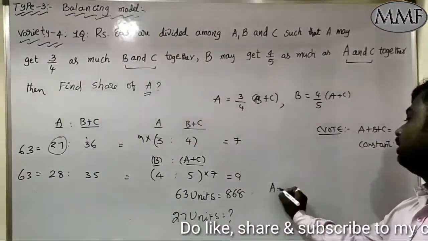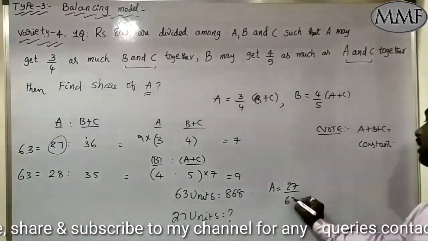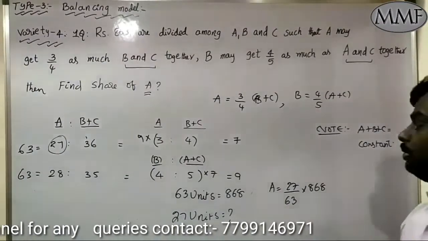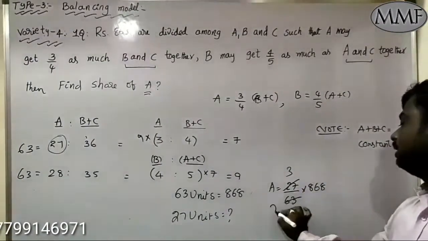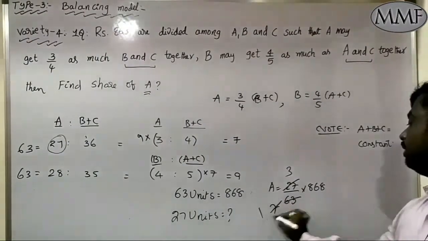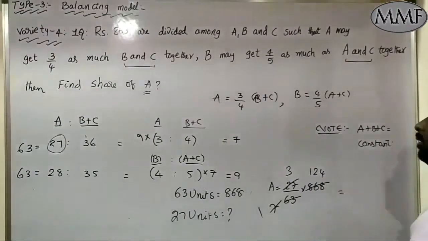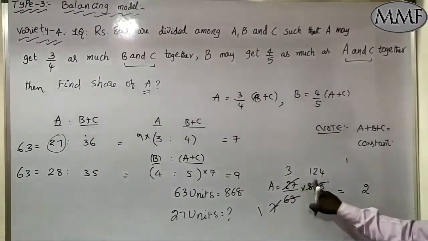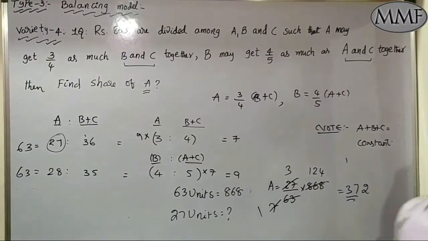A. So A is equal to 27 divided by 63 into 868. Now it's the 9 table: 9 3s are 27, 9 7s are 63. 7 ones, 7 ones, 7 2s are 14, 7 4s are 28. Now 3 4s are 12, 3 2s are 6 plus 1 is 7, 3 1s must be 372.